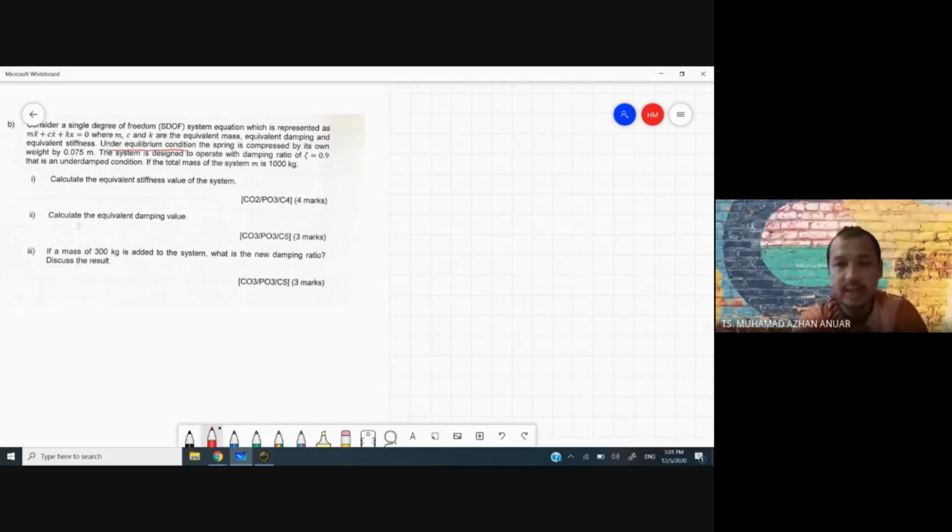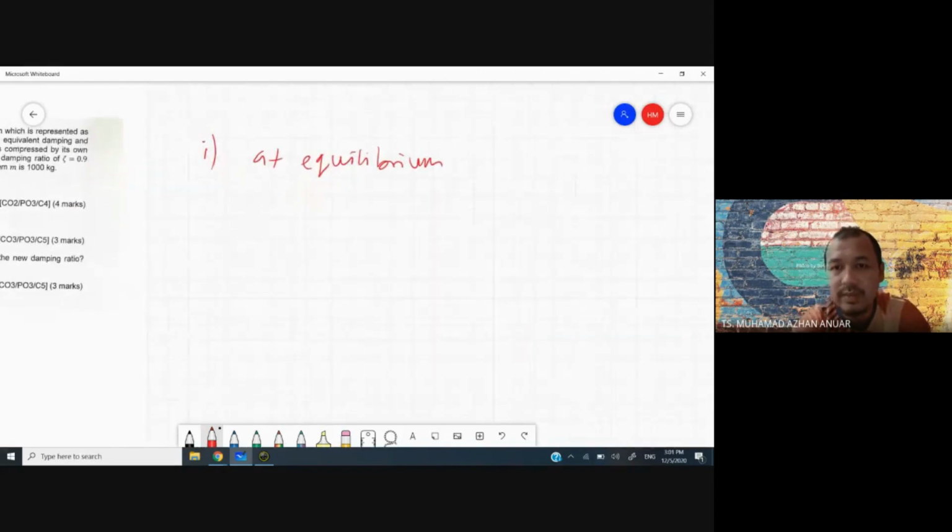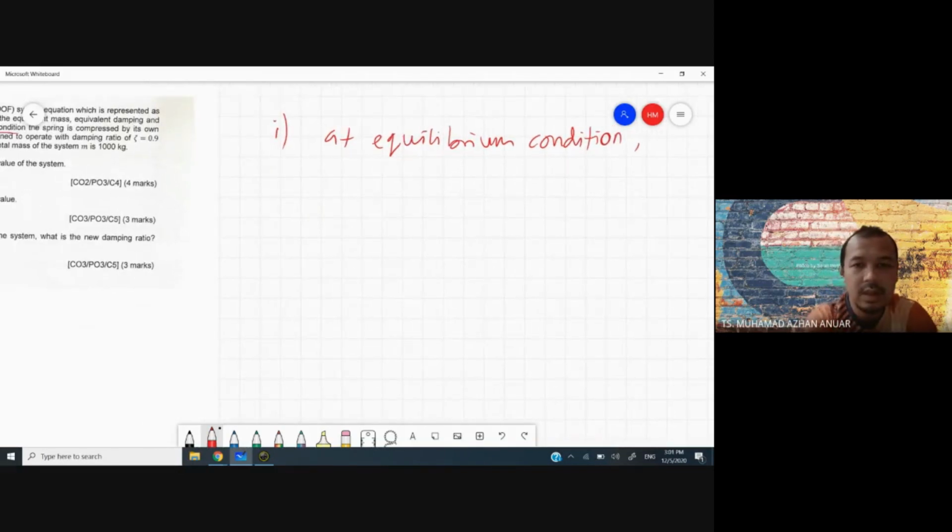So we know that at equilibrium condition, for question 1, as we derived before, mg is going to be equal to k delta.